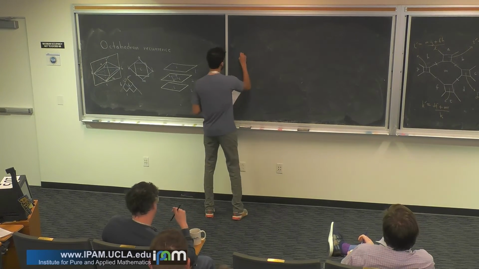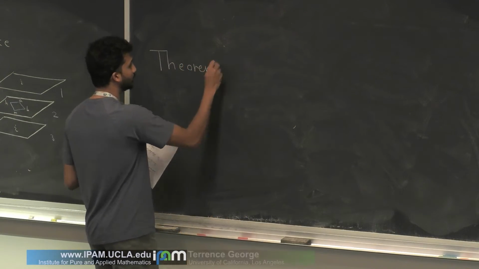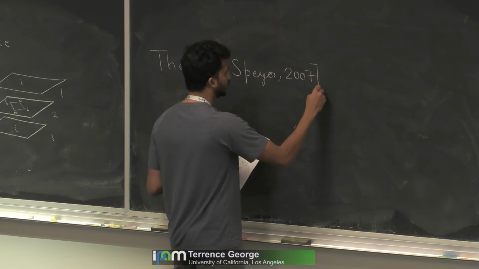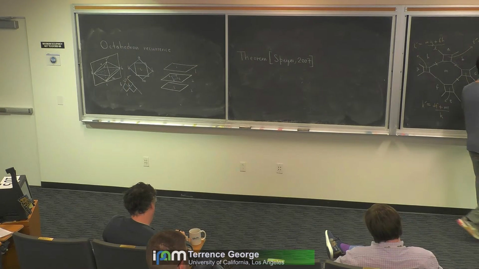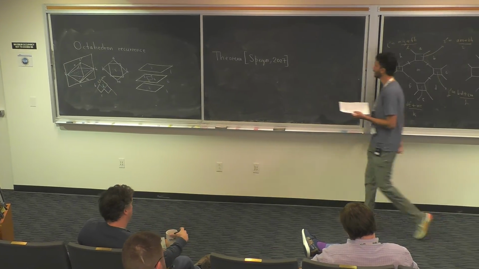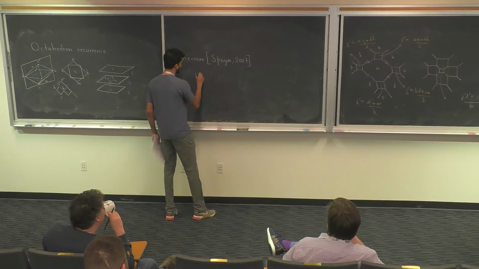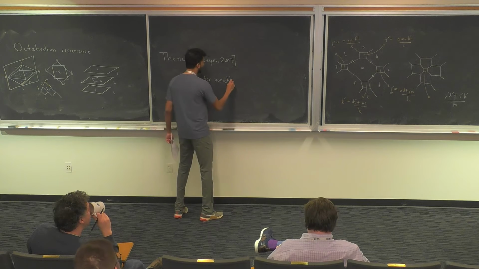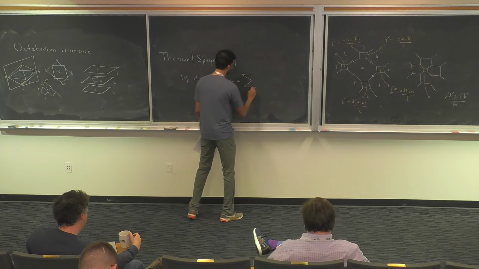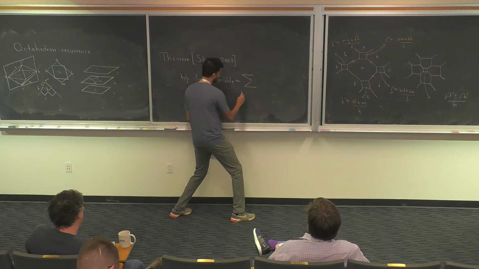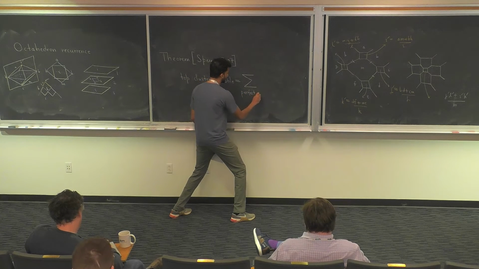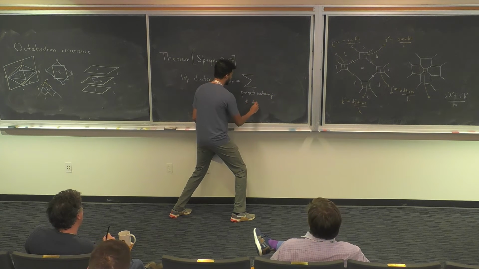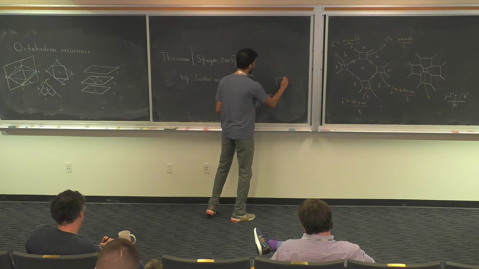So the theorem is due to David Speyer. That this cluster variable that you get at the very end by doing all these mutations, the top cluster variable, is a sum of perfect matchings of the Aztec diamond, weighted according to this rule.